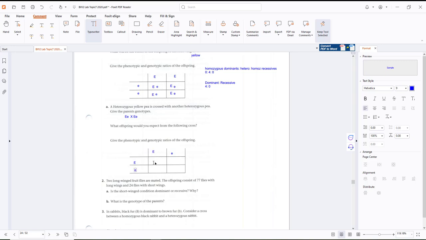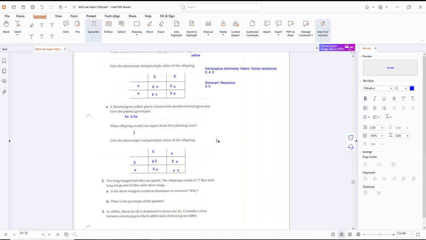So I'm going to bring the big E down. I'm going to bring the little e down. Big E across. I always like to do the capital letters first, you'll notice. And then the lowercase letters last. So there are my offspring. So what offspring would you expect from the cross?